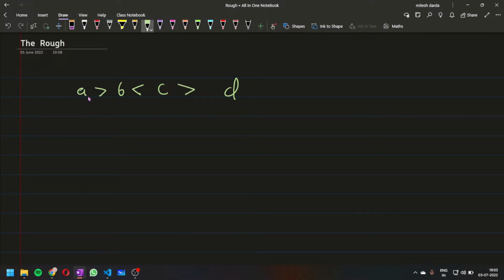First we deduct a minus b, which gives a positive value because a is greater than b. Then we deduct b minus c, which gives negative. Then we deduct c minus d, which gives positive.